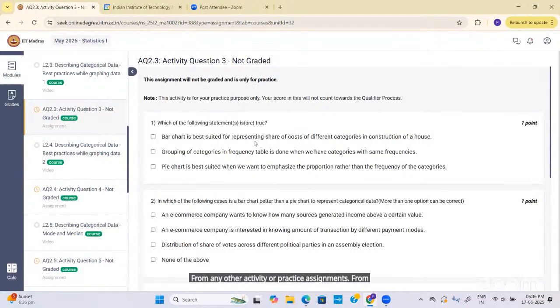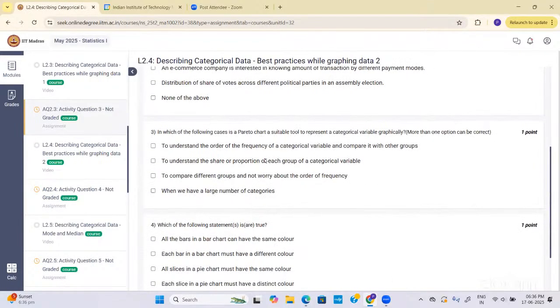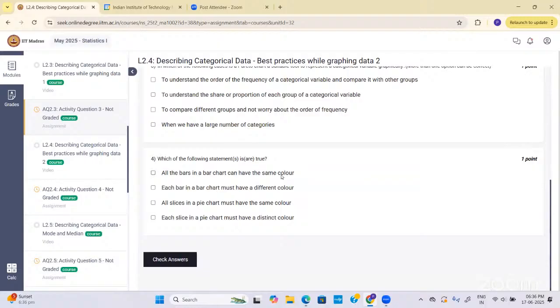From activity 2.3? No one has any doubts?